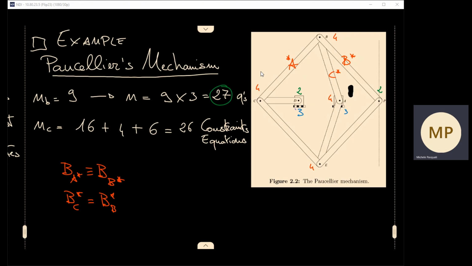And then we said, you don't actually need to write that also point B of A star must be equal to point B of C star, because it follows from the first two. Okay? When I say it follows, it means that this is dependent.